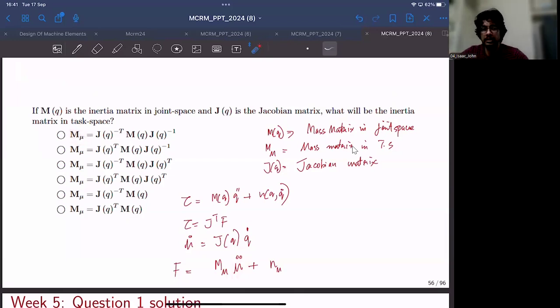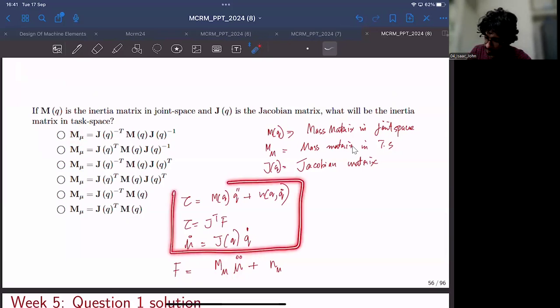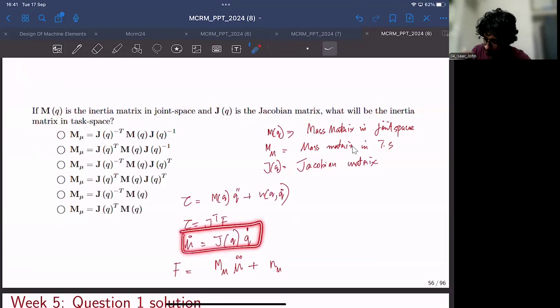Right? We have done this earlier. The three equations that you should be using are these three equations. You may even have to take the derivative of this equation. And instead of this tau, you can substitute J transpose F. And instead of this Q dot, you can take the derivative and substitute everything in terms of mu double dot.